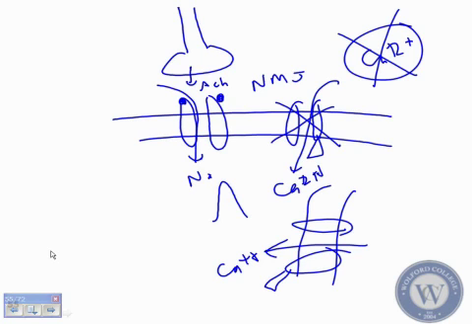Now the more difficult explanation is what happens with elevations in calcium. One of the things that we teach you is that you can give calcium in conditions like hyperkalemia to what's called membrane stabilize an individual. What they basically mean by that is that you can inhibit muscle contraction, depolarization, and activation of ventricular muscle cells.